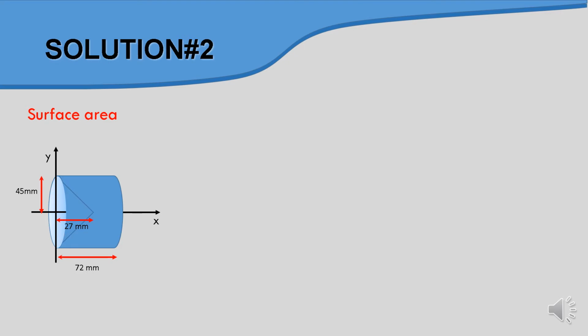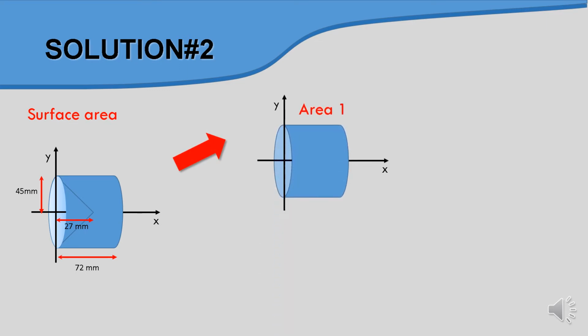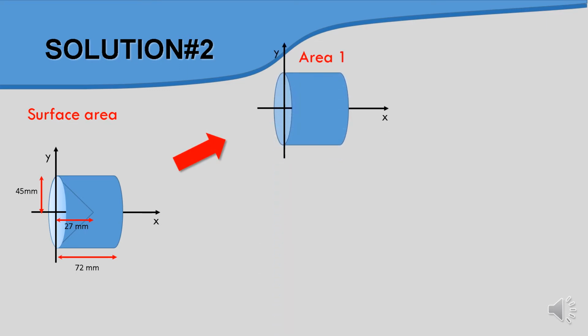In this case for the surface area, we have three areas covered. One is from the surface of the cylinder, which we call area 1, and we can get it from the common formula, 2 pi r l.